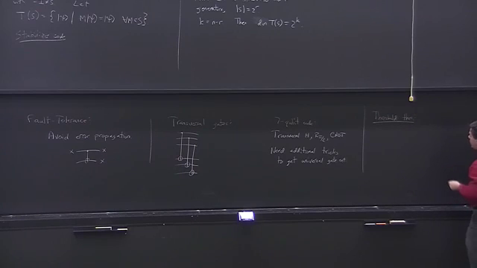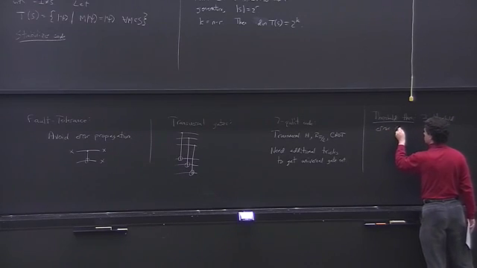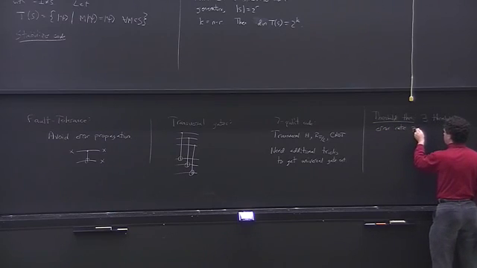And the Threshold Theorem says that there exists a threshold error rate p sub t.